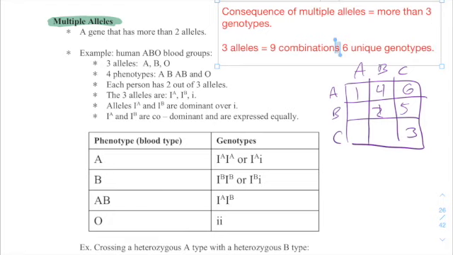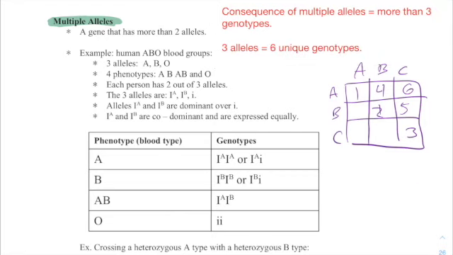So for example, if you had an A and a B and a C allele, I'm just going to show you what you might have. You would have possibly an AA or an AB or an AC. You could have BB, BC, and you could have CC.